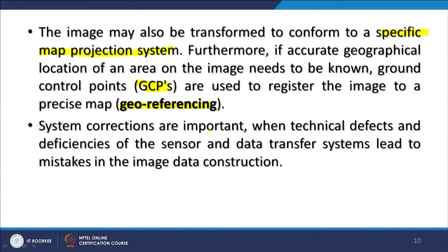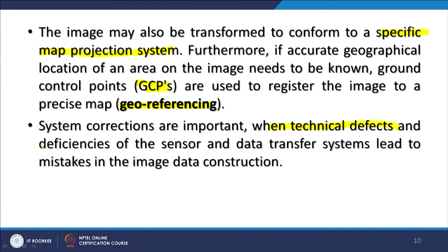System corrections are important. If there are systematic errors, those can be corrected quite easily. If there are non-systematic errors, again these can be attempted to be removed to some extent. There may be technical defects, there may be deficiencies of the sensor, and this information is generally with the agencies, and the data transfer systems lead to mistakes in the image data construction.